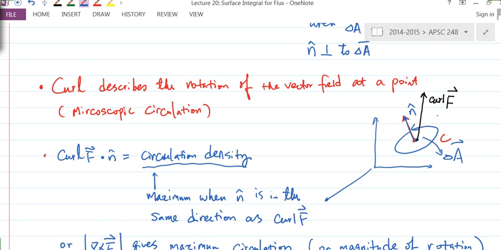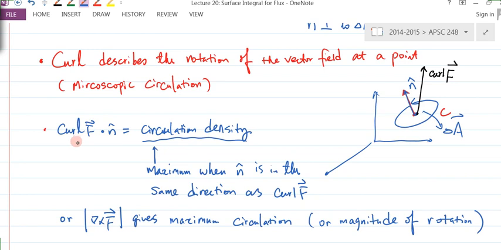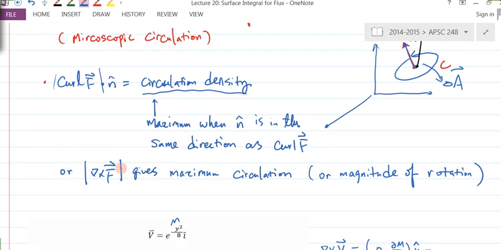The maximum value is the magnitude of the curl, so the maximum circulation density is the magnitude of the curl here. And what information does the curl give us? It gives us the microscopic circulation at a certain point.